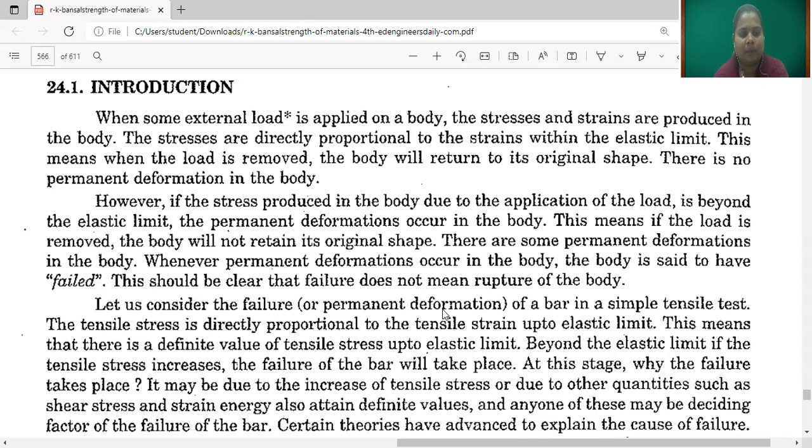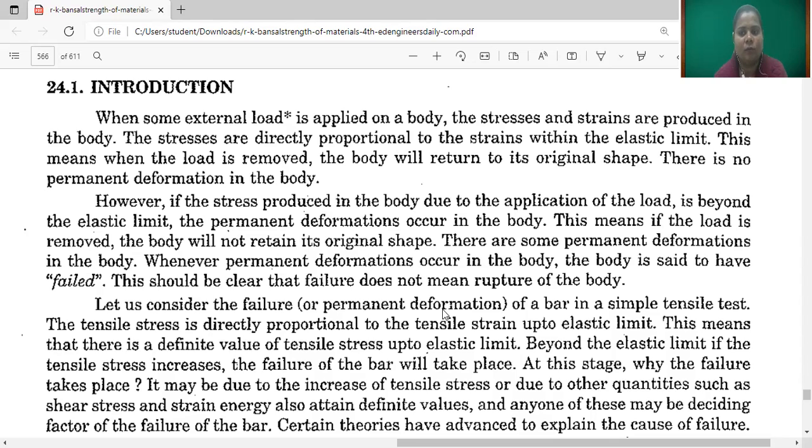The stresses are directly proportional to the strains within the elastic limit.